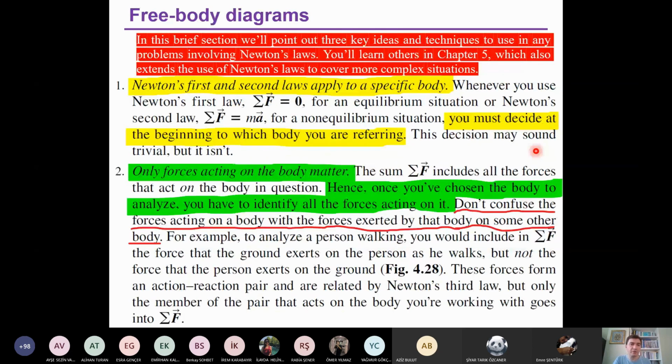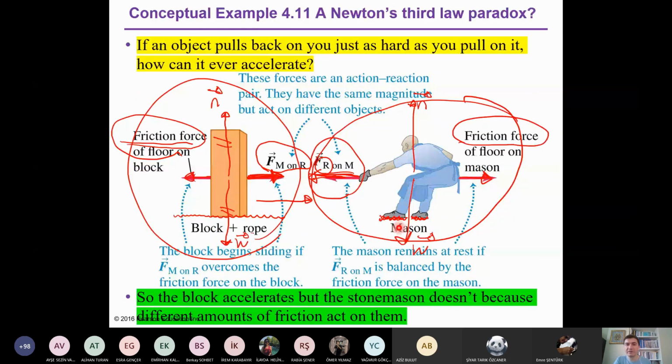The second one: only forces acting on the body matter. Here we are talking about the forces acting on this mason, okay? Weight, normal force, friction, and the force applied by the rope on the mason. You have to take the forces acting on this object.